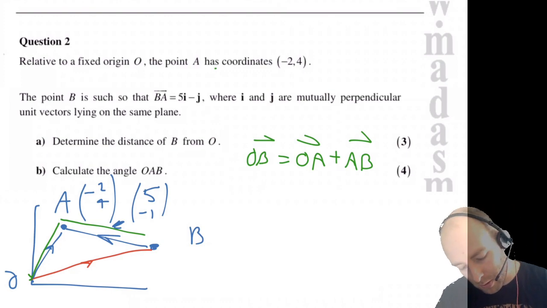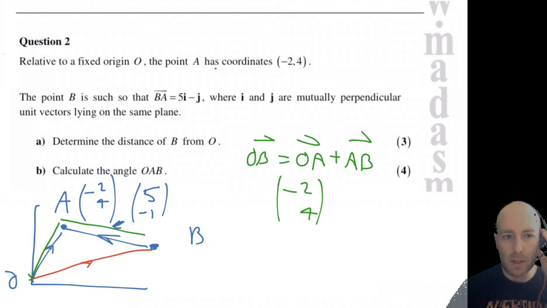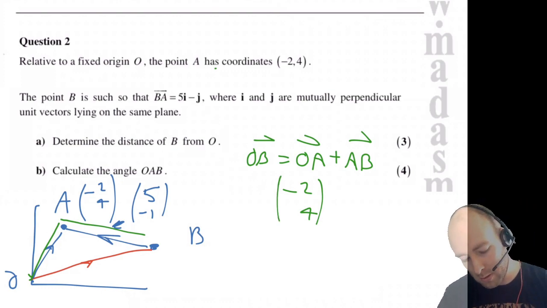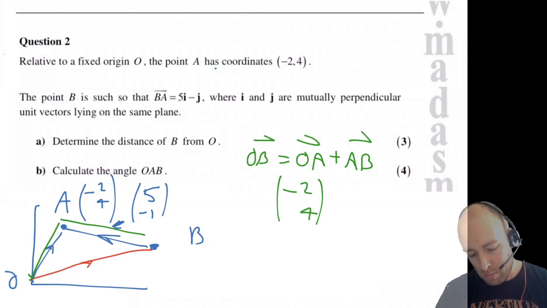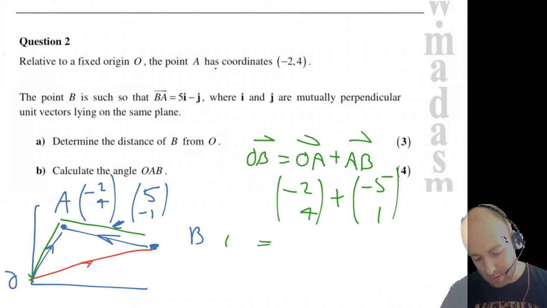Now OA we know is -2, 4. AB, we don't know AB, but we do know BA. So if we reverse BA, we get AB. So we know this is going to be plus -5, positive 1, and that will give me OB. So OB is going to be -7, 5.